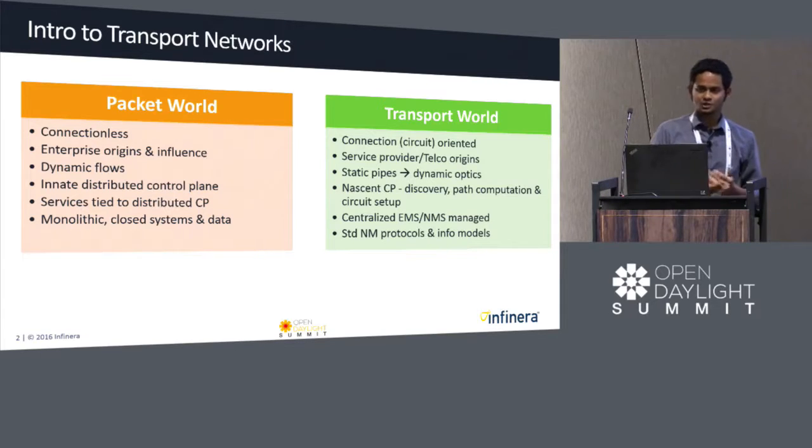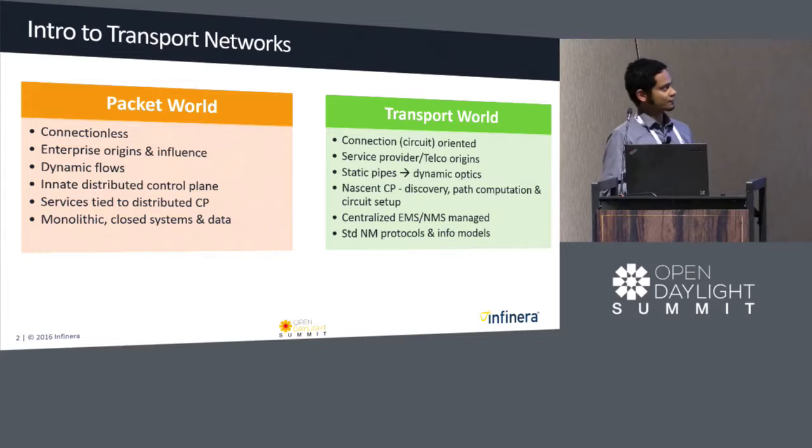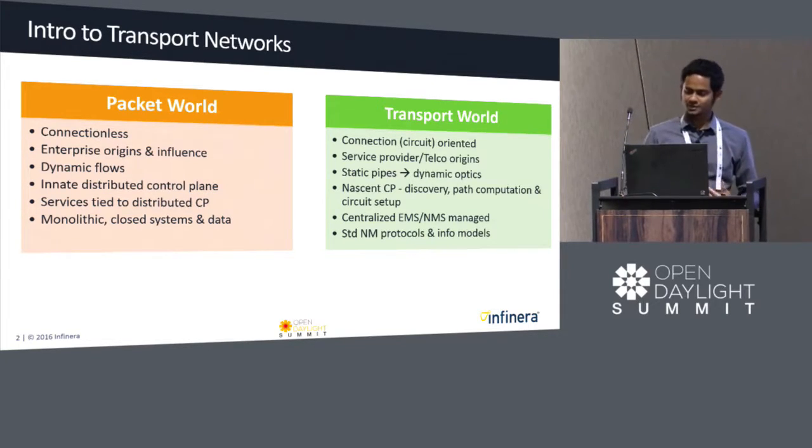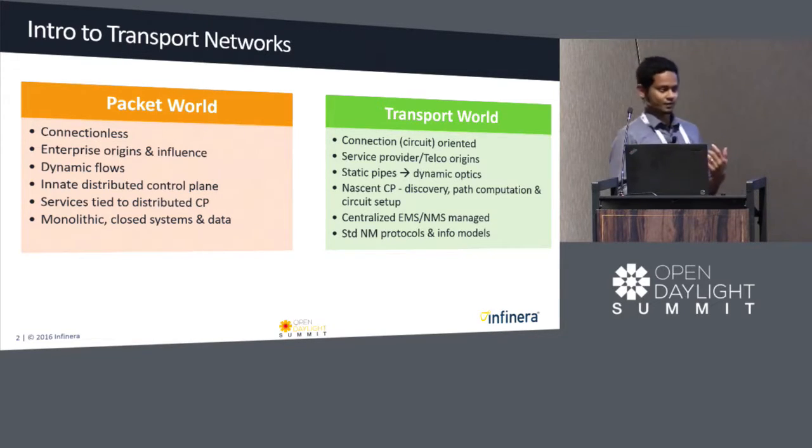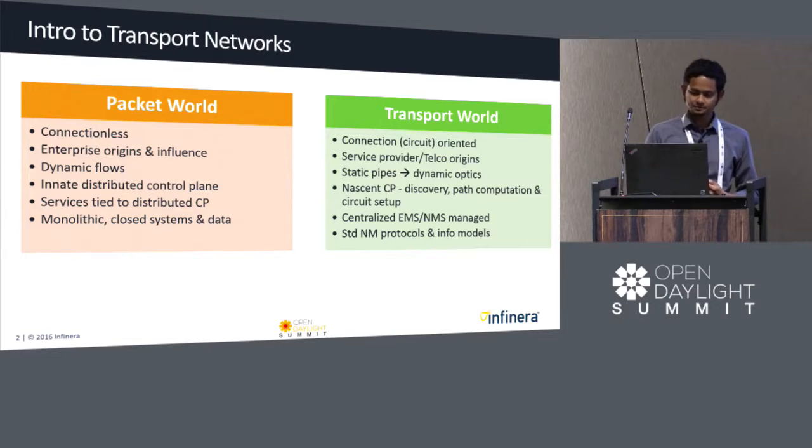So the transport networks are typically circuit-oriented, and they have been coming up mostly from the service provider networks. And going forward, more and more of the optical networks are also getting pretty programmable, and there are a lot of ways in which you can set the rates to be more flexible.